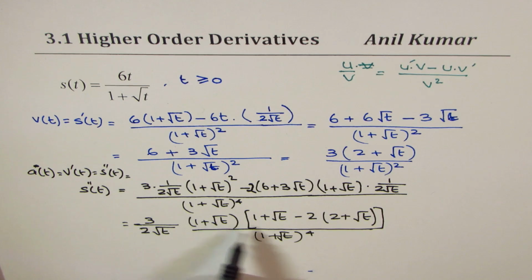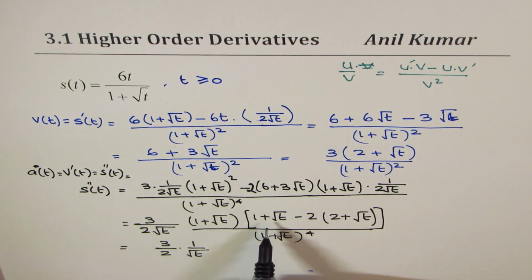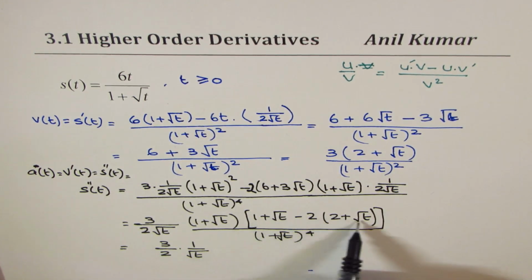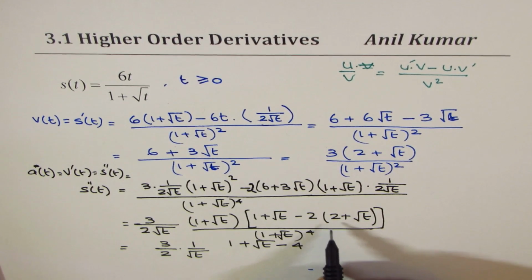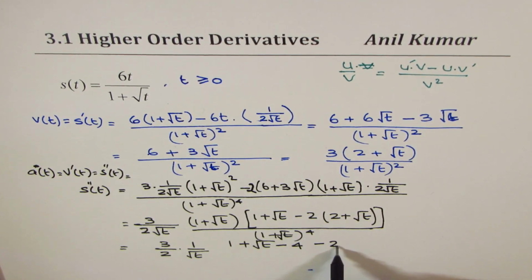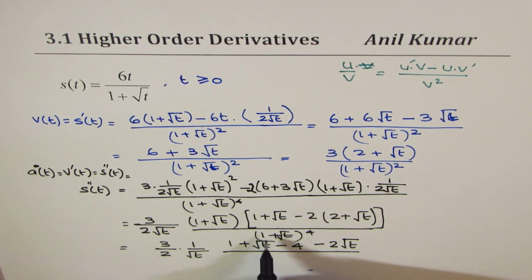Now 1 plus square root t, we can simplify it a bit more. So what we get here is 3 over 2 times 1 over square root t. Now in this, you can open the bracket. So we have 1 plus square root t minus 4 minus 2 square root t over 1 plus square root t.